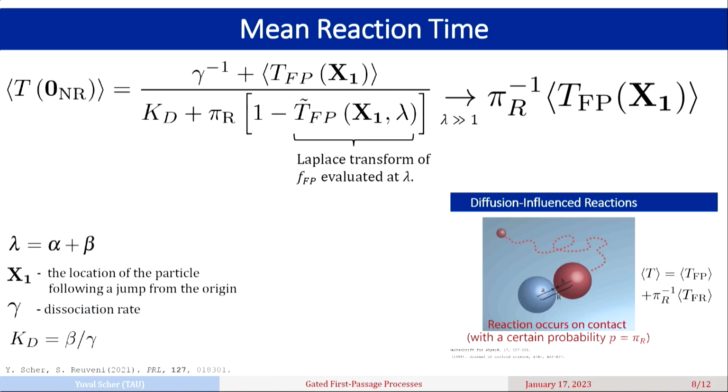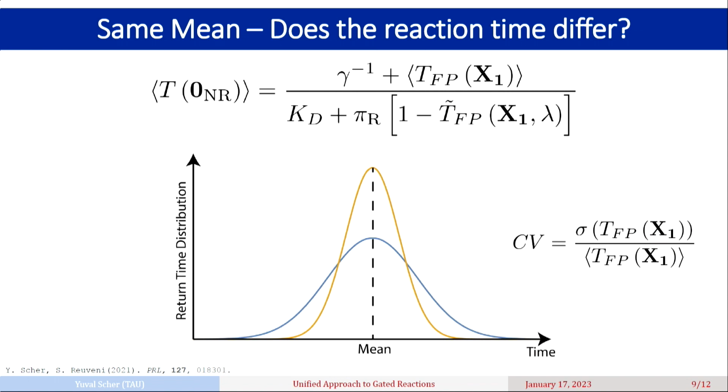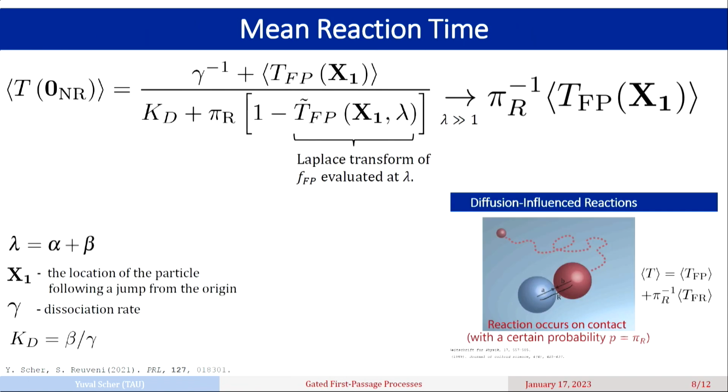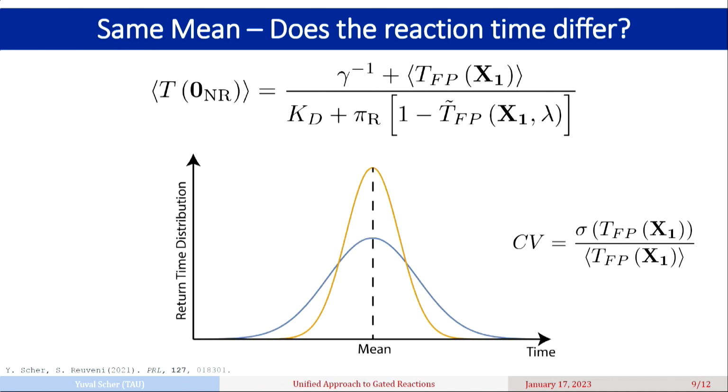Another thing that I will show you is what happens if you vary the fluctuations in the return time, because we have seen that it depends on the entire distribution. So let us take a few distributions, all of them with the same mean, and the only difference would be different fluctuations in the return time.